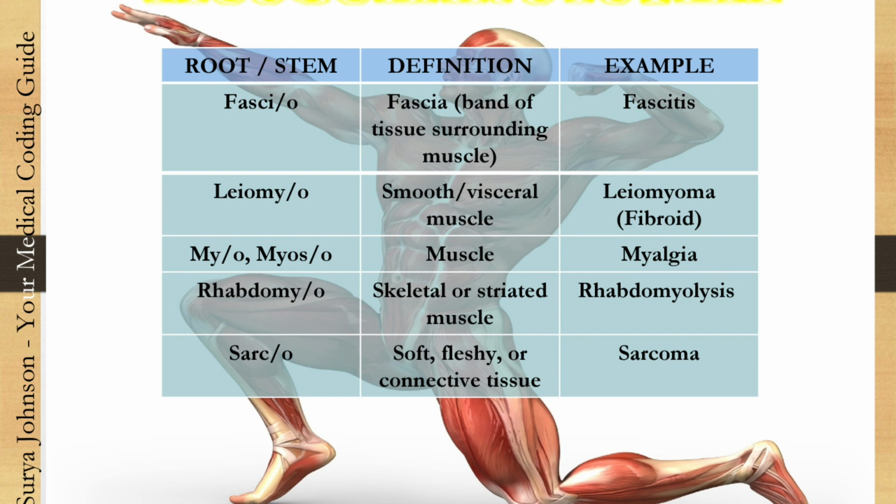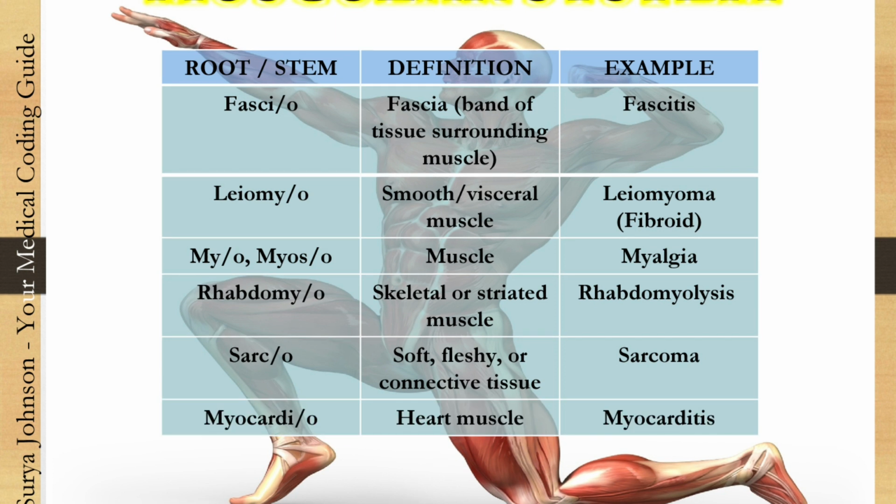Example, sarcoma. Sarcoma means tumor of your connective tissue. Next one is myocardio. You have already learned about this in the cardiovascular system. Myocardio means your heart muscle. Example, myocarditis, that is inflammation of your heart muscle.